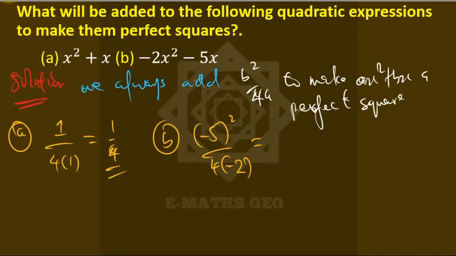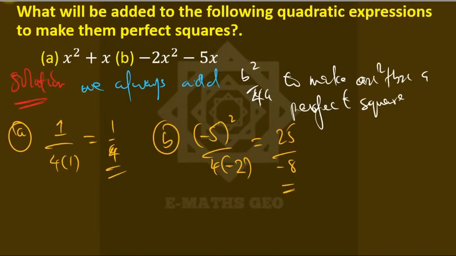This is now 25 over minus 8. So that's what we add to make it a perfect square.